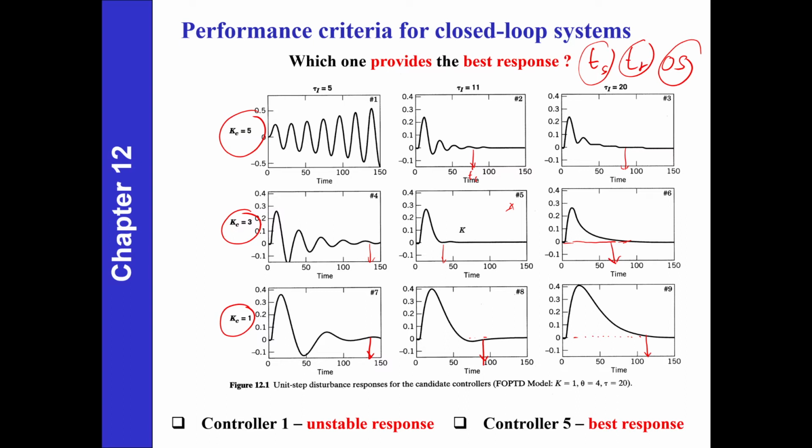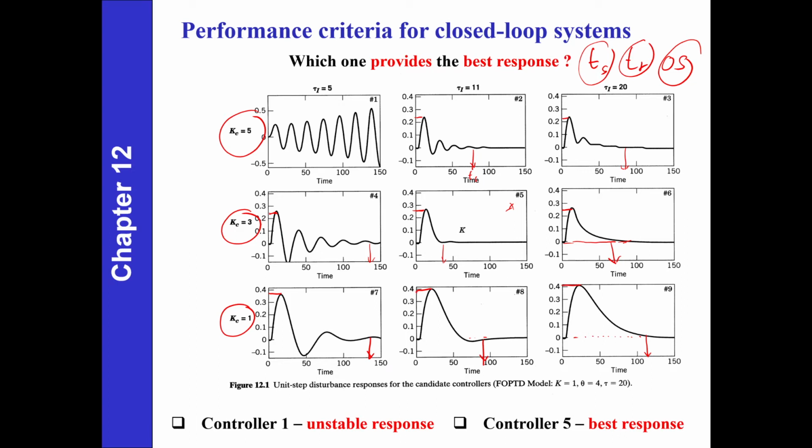In terms of overshoot, which one is higher compared to this one? Just about the same. Compared to this one, it's lower, it's a lower overshoot. But compared to the bottom one, it is a higher overshoot.